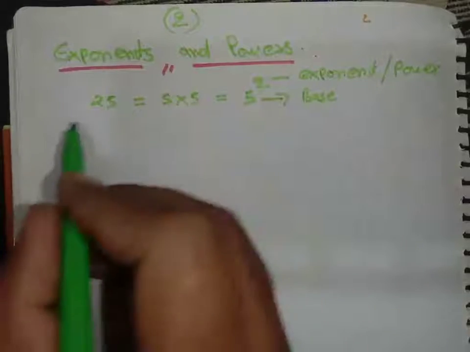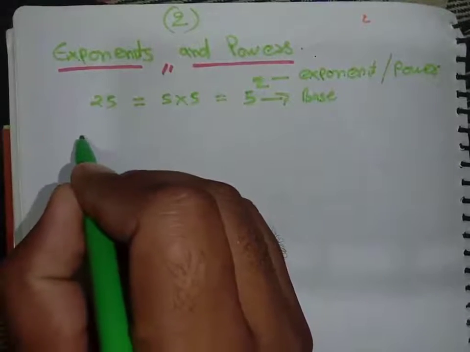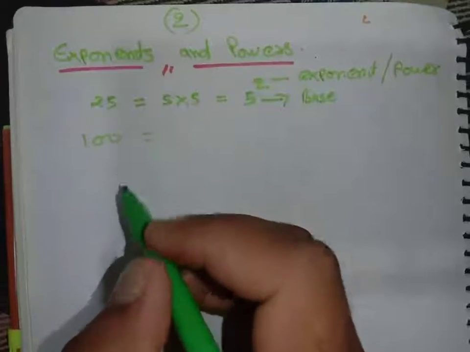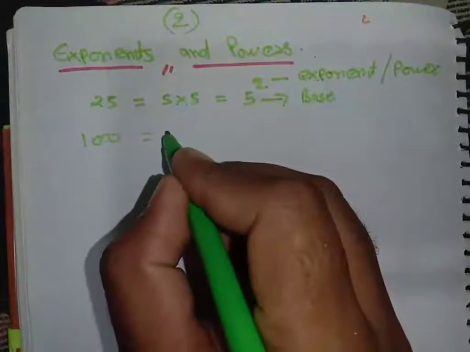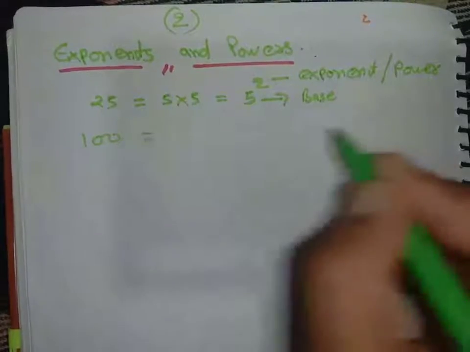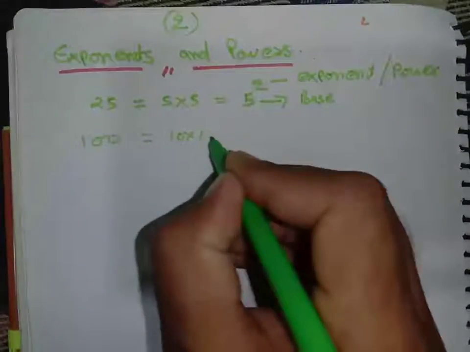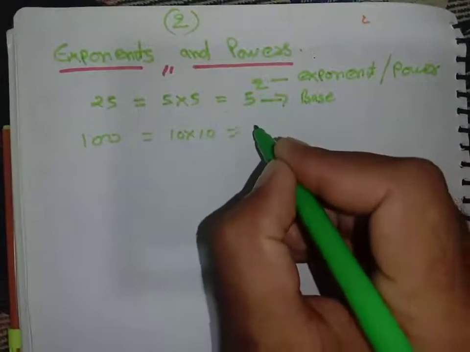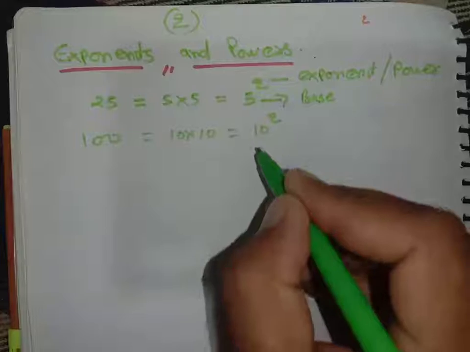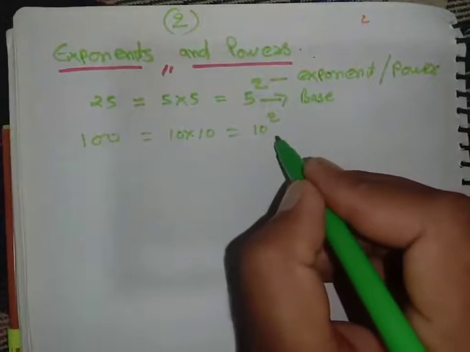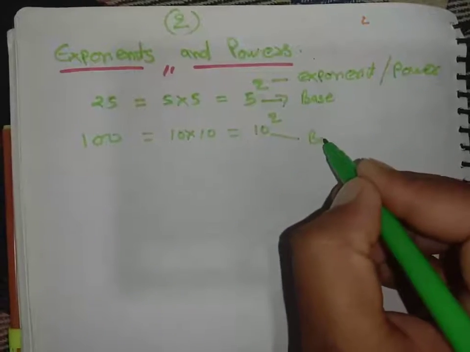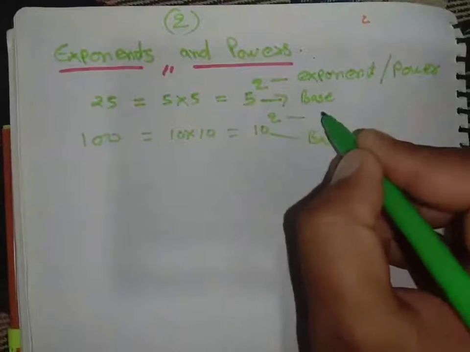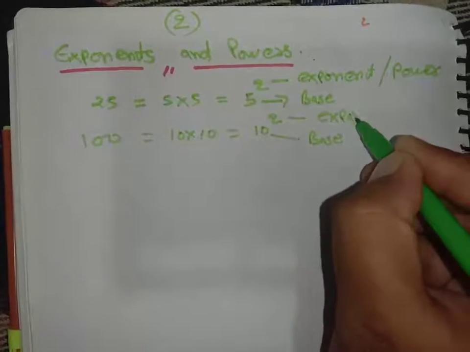And the other example, 100. The factors of 100 are 10 into 10, we can write 10 to the power 2. Similarly, 10 is the base and 2 is the exponent.